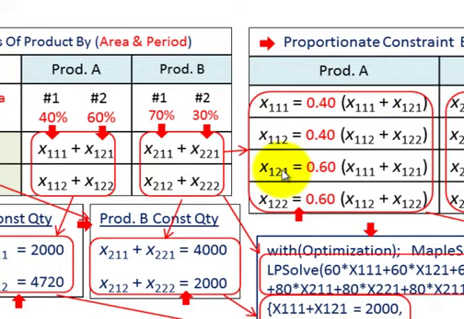And then for x121, that's under sales area 2, 60%, period 1. So x121 is equal to, remember, everything has to be set equal to when you're doing your linear programming, 0.60 or 60% times its entire row, x111 plus x121.